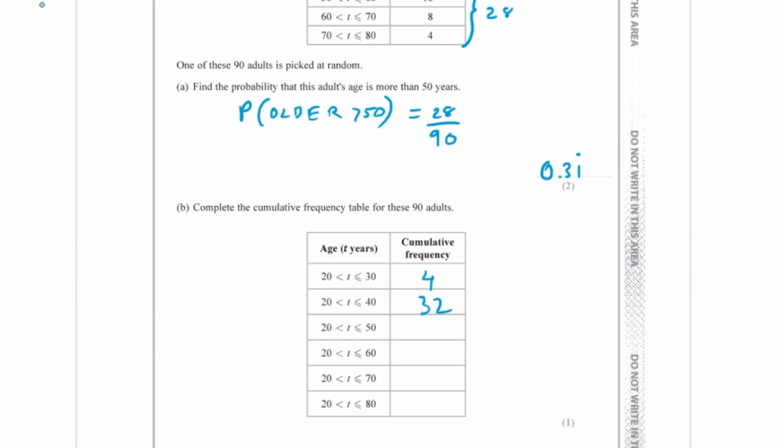Well, 32 plus 30, which is 62. And how many are between 20 and 60? Well, we can add an extra 16 here, so this will be 78. And for the next section, 20 to 70, we can add another 8 here, which will bring us up to 86. And if we've done our work properly, we have an extra 4 at the bottom, which will give us the whole population, which is 90.